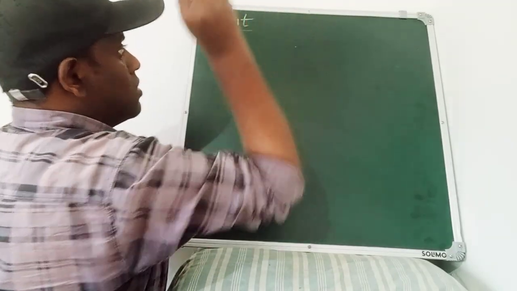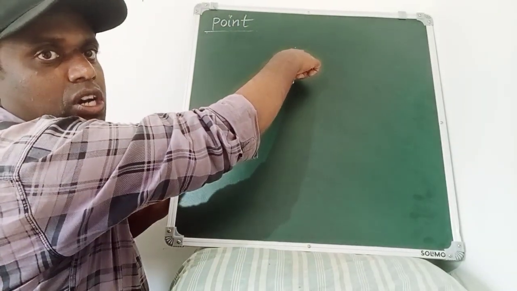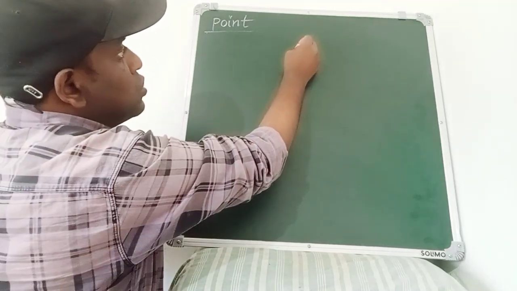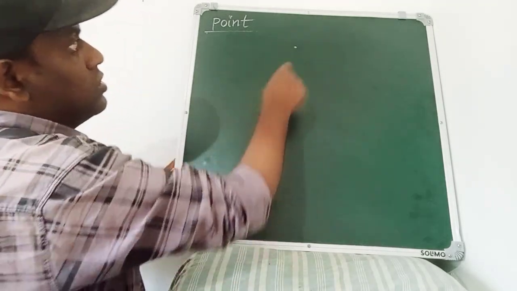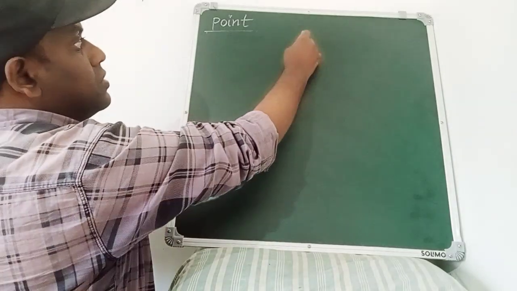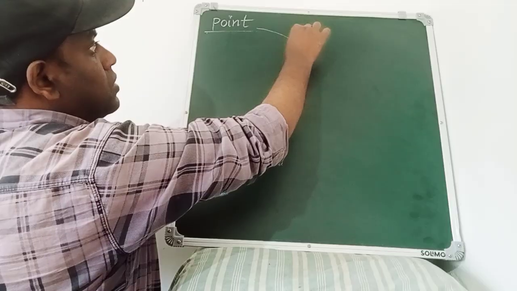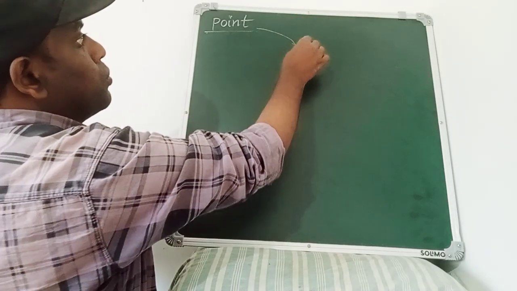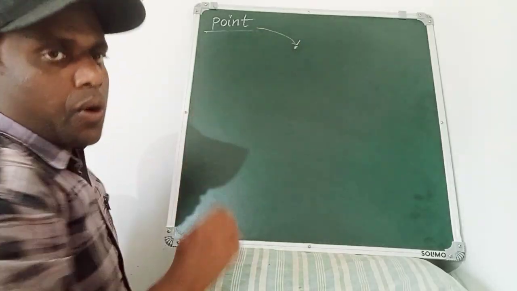See, so if I do this, so we got something correct. So this is called point. This is the point.